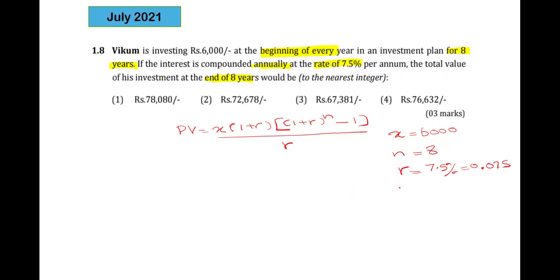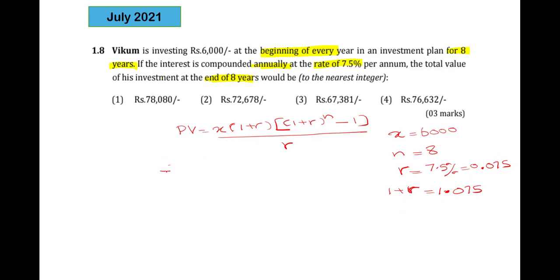Here we get 1 plus r, that means we add 1 to this value, so we take 1.075. It is easy to substitute: this 1 plus r can be substituted by 1.075.